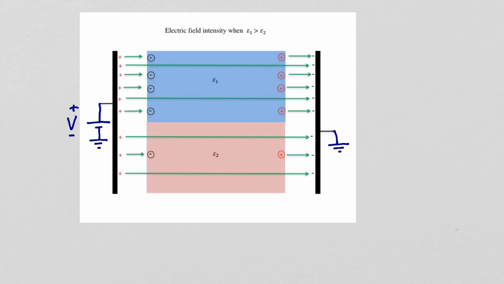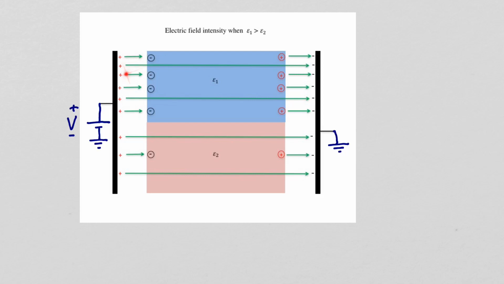Here we're looking at lines of electric field intensity. Electric field intensity begins on positive free charge or positive bound charge and terminates on negative bound charge or negative free charge. The gaps I've placed here are just for illustrative purposes so that I can draw the electric field lines between the capacitor plate and the dielectric.